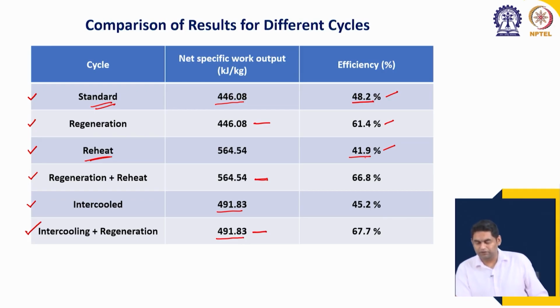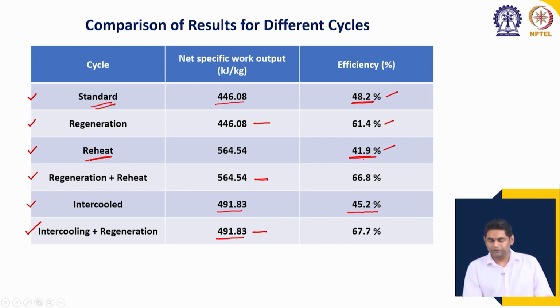So, we obtain 41.9%. So, we can compare the reheat case with the intercooled case, and we see that the penalty on the efficiency is not as severe. So, although the intercooled cycle also has lower efficiency as compared to the standard cycle, the decrease is much less as compared to that for the reheat cycle.